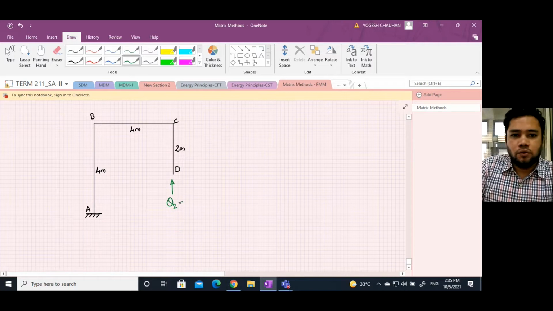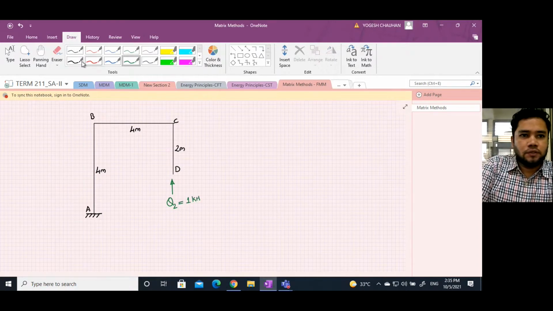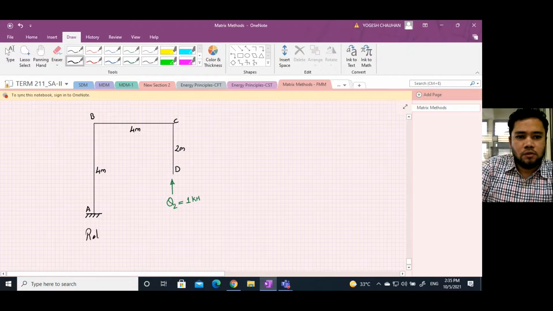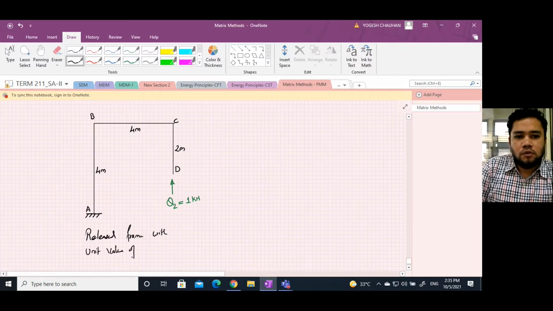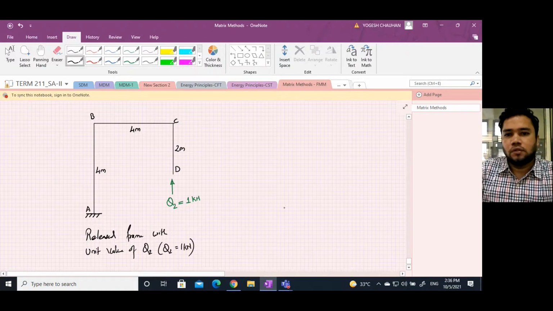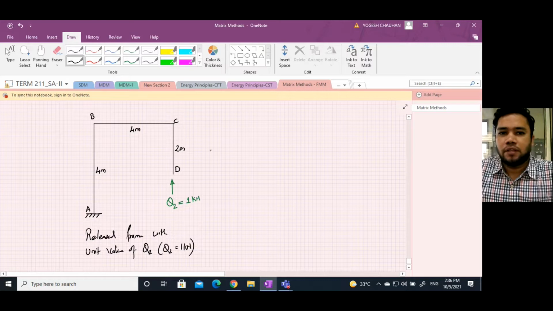Now we take Q2 as 1 kilonewton. So this is the released frame with unit value of Q2, that is Q2 equals to 1 kilonewton. Okay, now we draw the bending moment diagram for this.